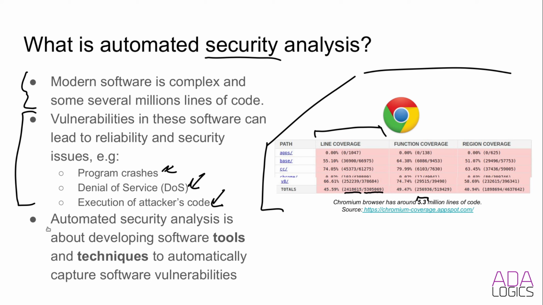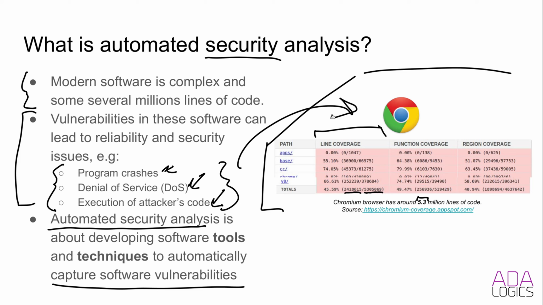Automated security analysis is then about developing software tools and techniques that automatically find these issues in the complex code. So it's about developing programs that analyze other programs.